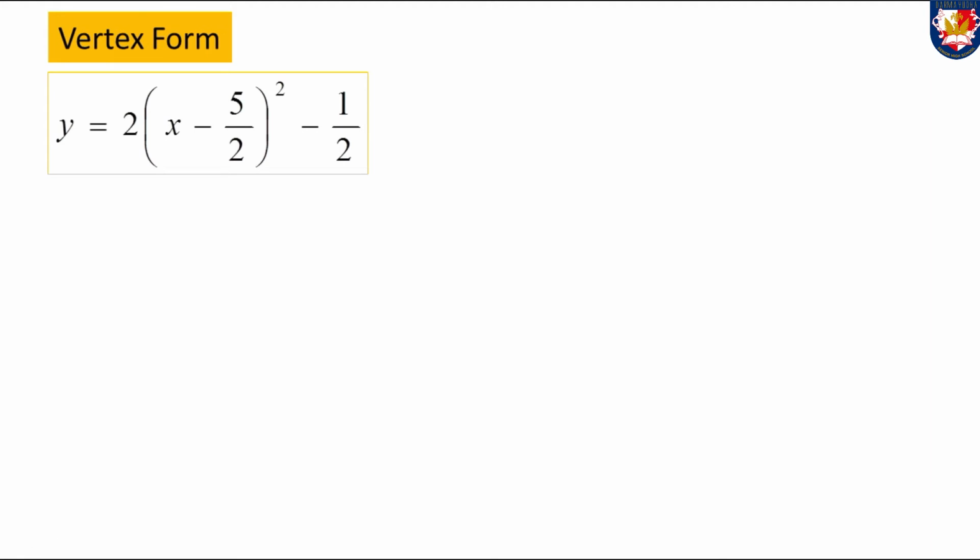So this is the vertex form: y equal to 2 multiplied with the square of (x minus 5/2) minus 1/2. Remember, this is the vertex form. The value of a is 2 from the original equation, and then x minus h.